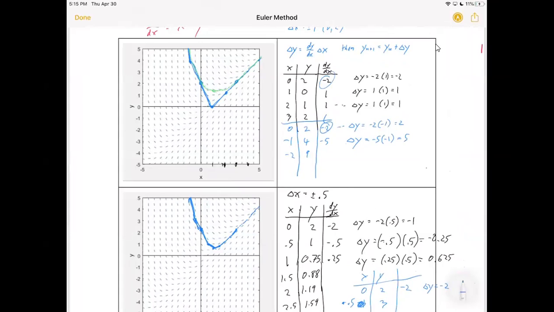But you saw this took a long time just to do steps of 0.5. If we were to divide that down to steps of 0.25, doing that by hand would take an extremely long time, which is why we switch over to using a computer if we want to figure out how to step our way using Euler's method through a slope field.